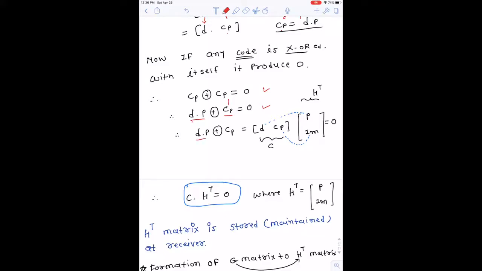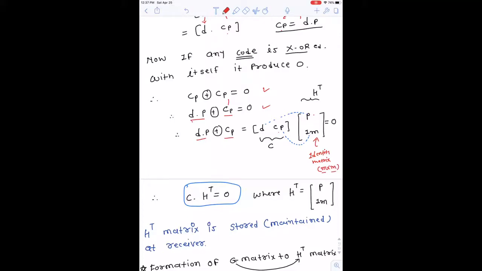So DP XOR CP, how can we write this? In a matrix form, we can write D in the first column and CP in the second, and here it's P, and IM means the identity matrix of size M, M cross M. M is the number of check bits, as we have already mentioned earlier.